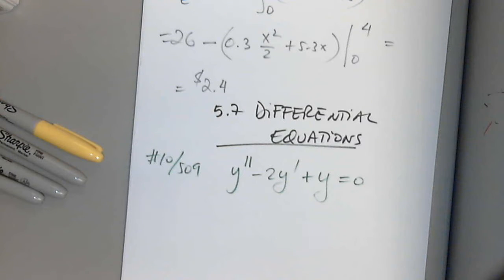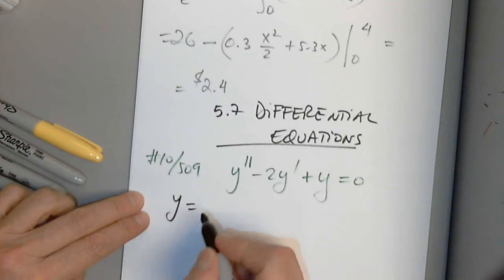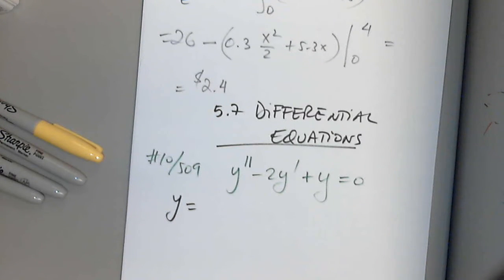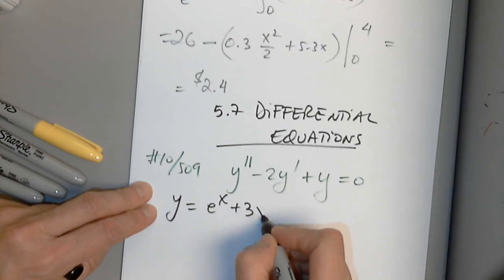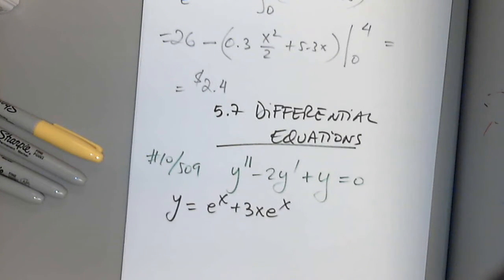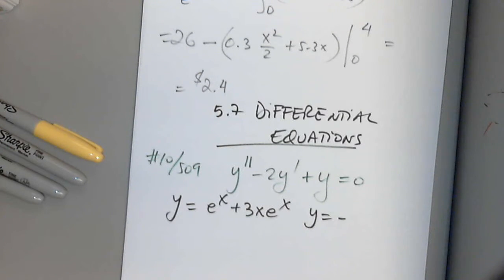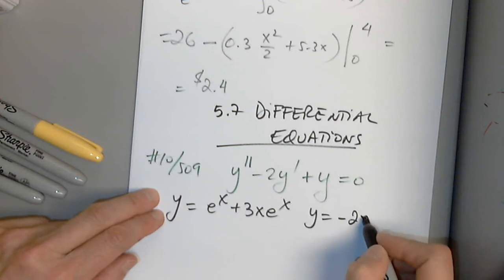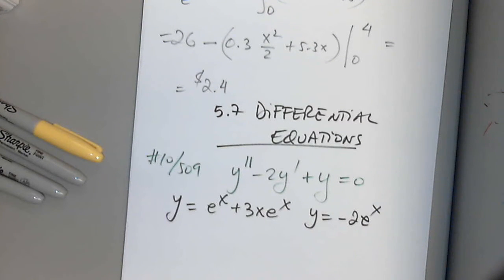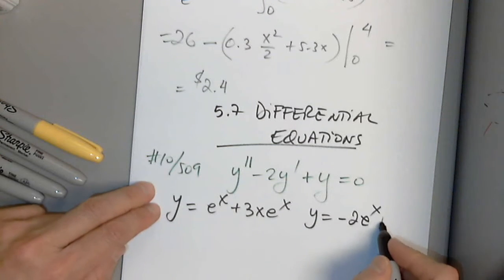Okay, so our first endeavor here is to show that y equals e to the x plus 3x e to the x, they say, is a solution. Of course, I copied from a different problem. I copied from 9 instead of from 10: negative 2x e to the x plus x e to the x.